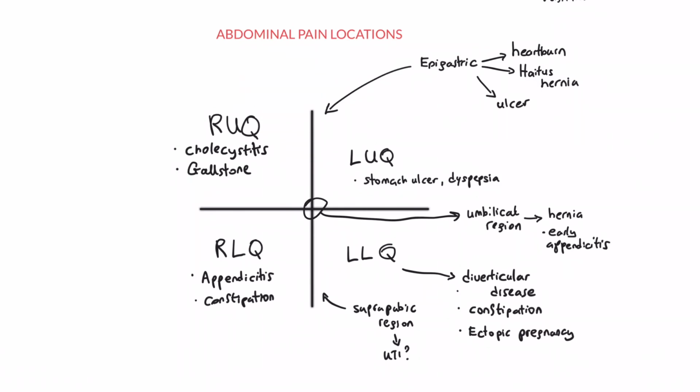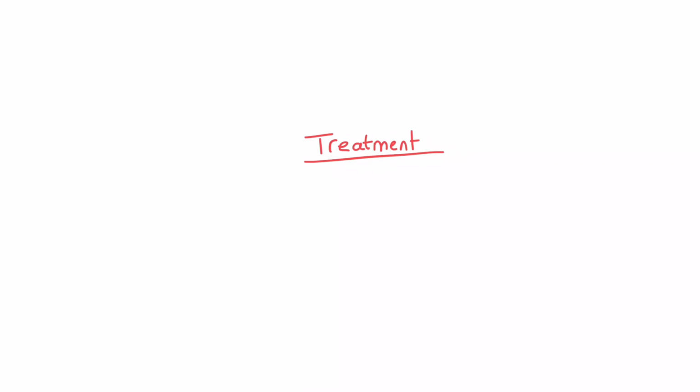Okay, so let's talk a little bit about the treatment. I'm not going to cover every single treatment, but I think you should know, even as a student, if a patient presents with constipation, which is quite common even in primary care, the first thing you want to check is are they taking some codeine.